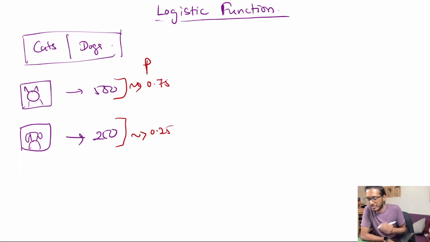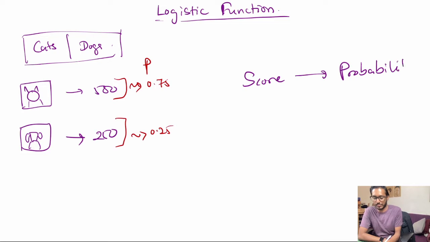So what we're looking to do here is we want to convert some kind of a score into a probability.